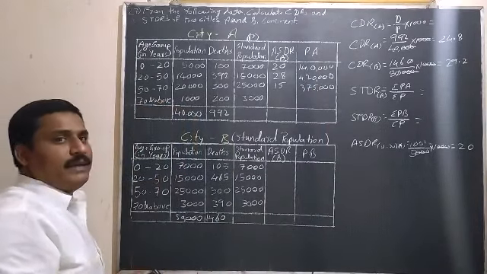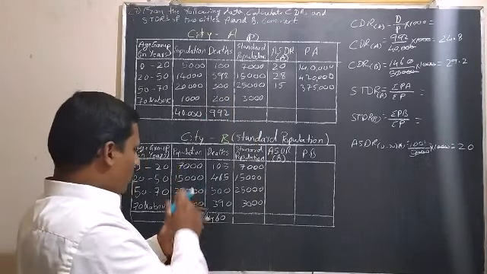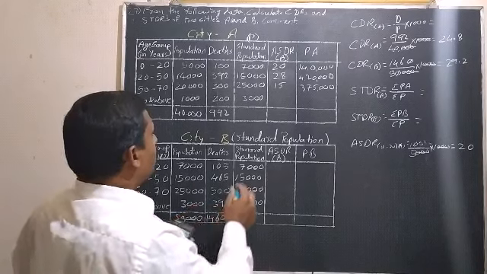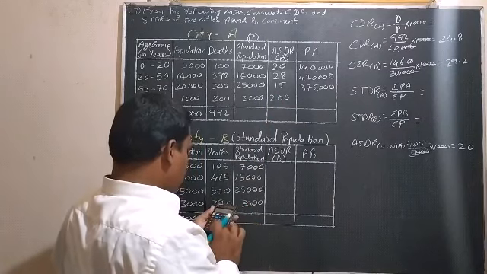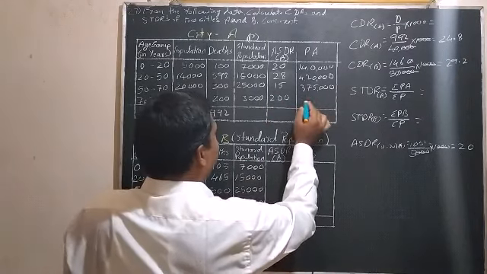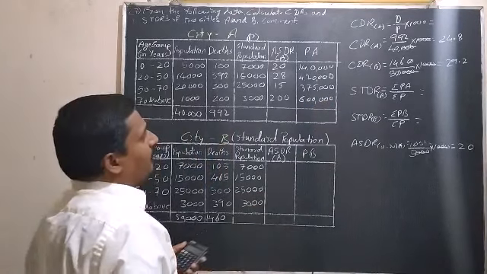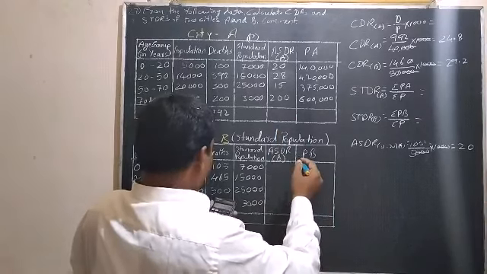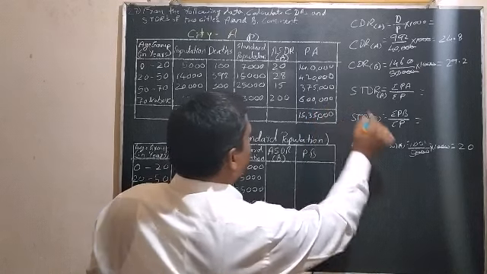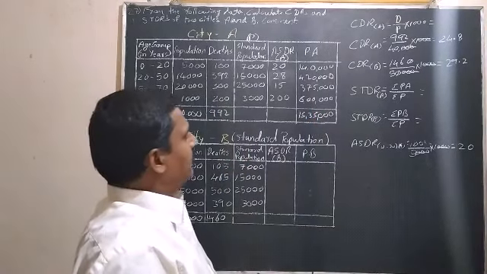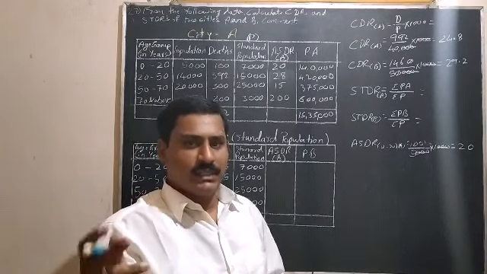And the last age group, 70 and above, 200 are the deaths divided by 1000 into 1000 is equal to 200. So 200 into 3000 is equal to 6 lakh. So the total of this column is 15 lakh 35,000. And let us calculate ASDR and the PB column for location B first.